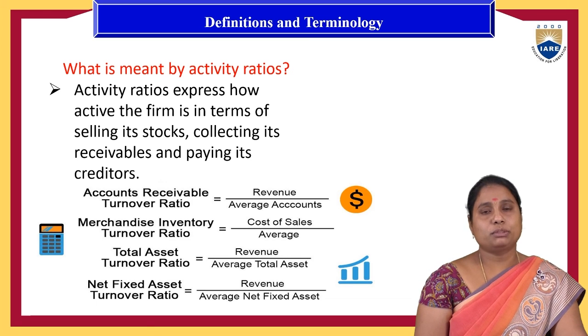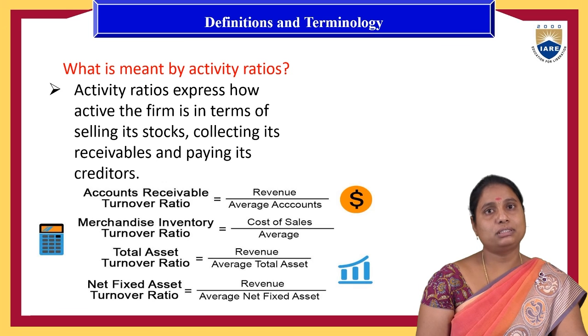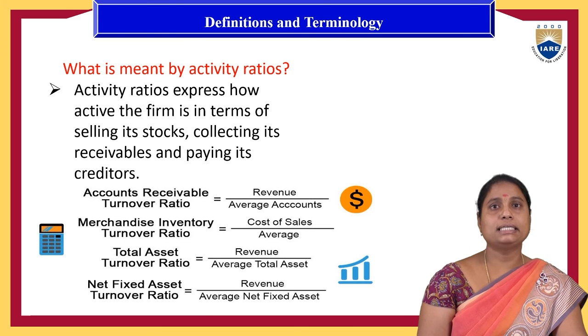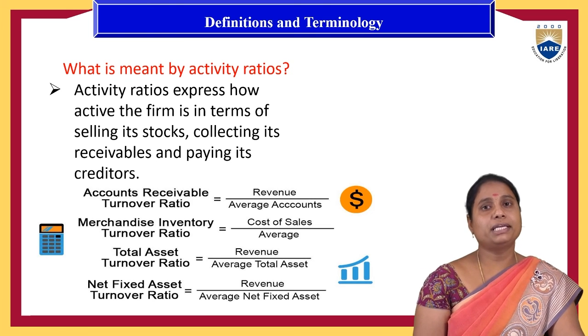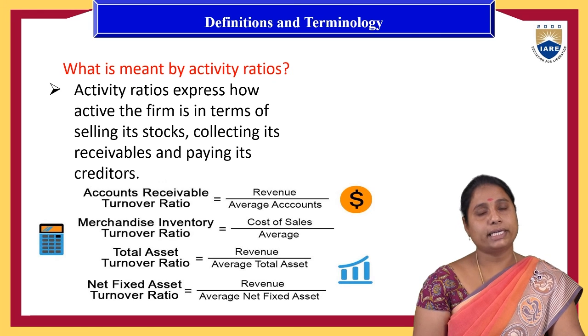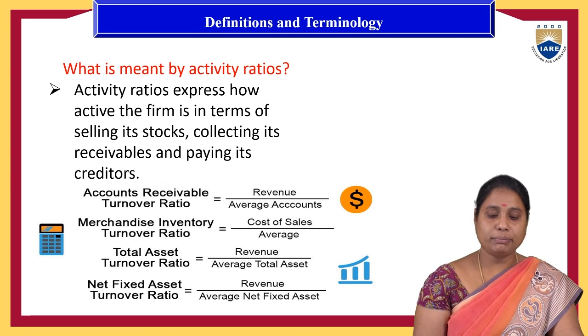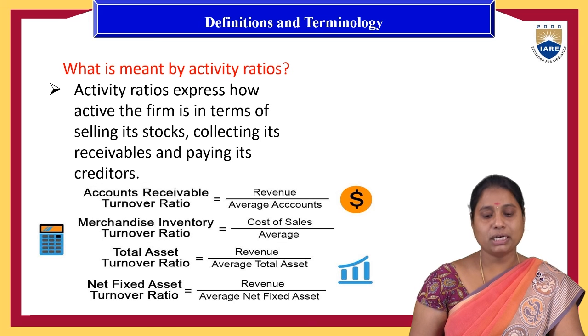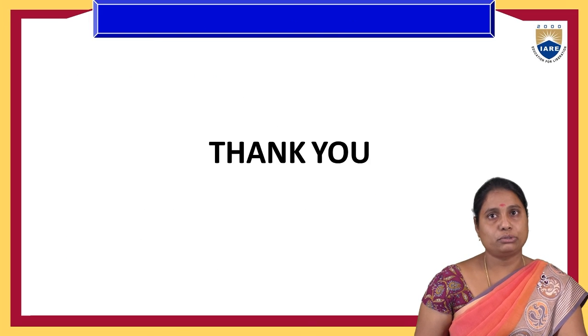These are ratios that express how active the firm is in selling its stock, collecting its receivables, and paying its debts. That is inventory turnover ratio, debtors turnover ratio, creditors turnover ratio, working capital turnover ratio, etc. These come under activity ratios.